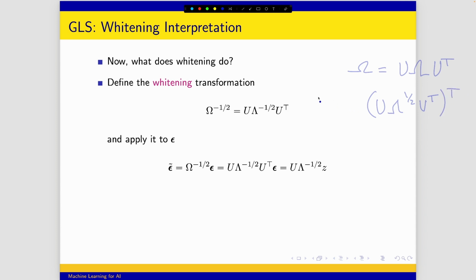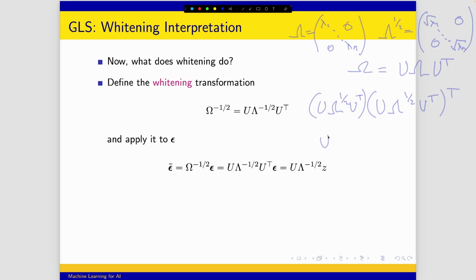So let's do this times the transpose of itself, U lambda to the half U transpose. So first of all, let me explain what this lambda to the half is. Lambda, the matrix, is this, lambda n, zeros elsewhere, and so lambda to the half is the same matrix, but the entries become square roots, or powers of the half. Everything else remains 0. So this is still a diagonal matrix with this thing here. So what is this?